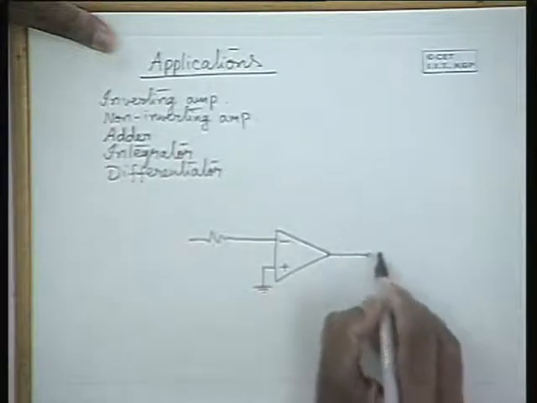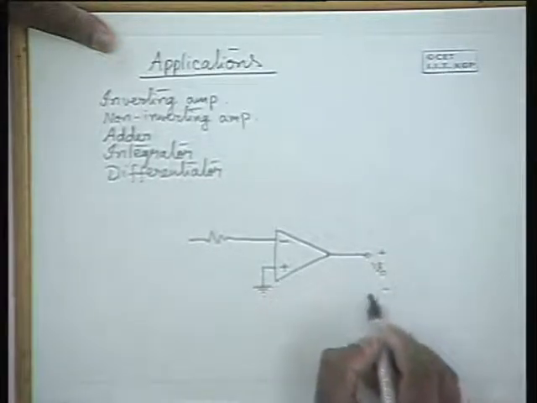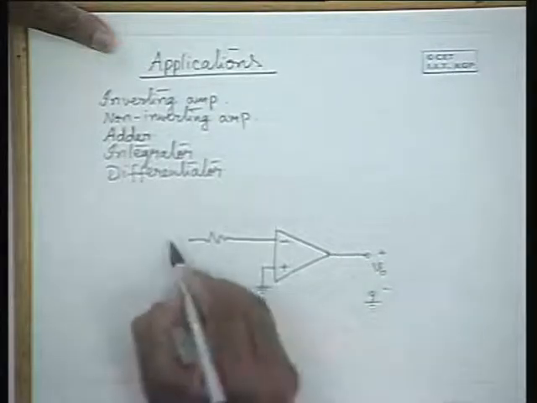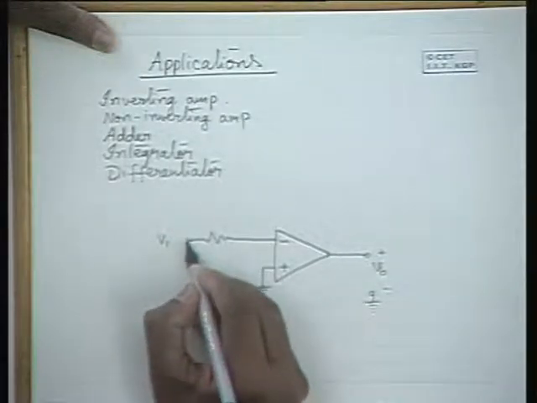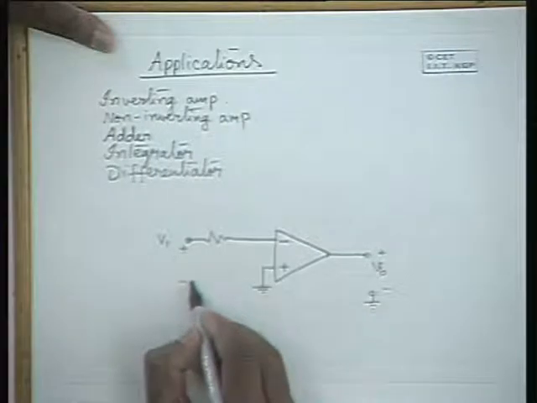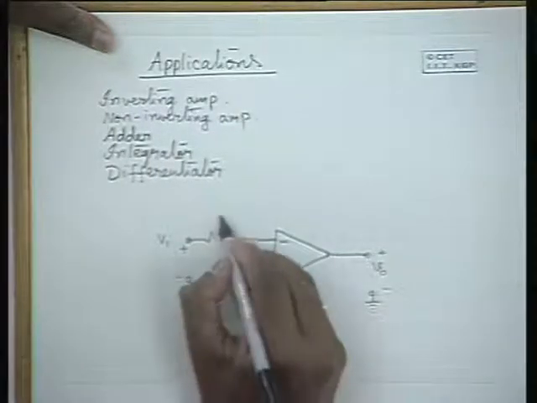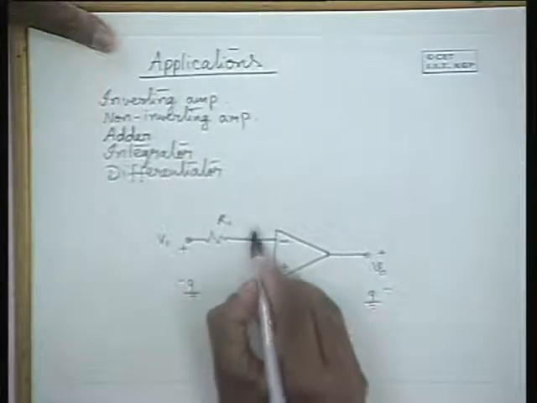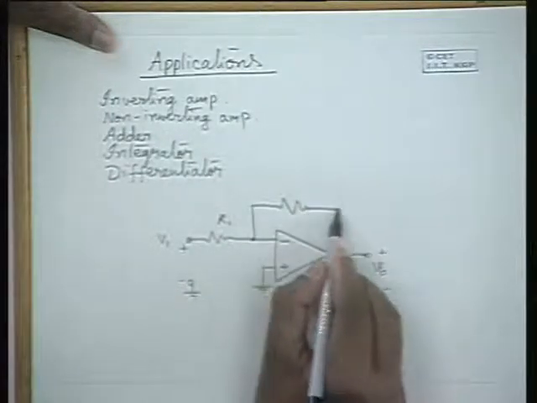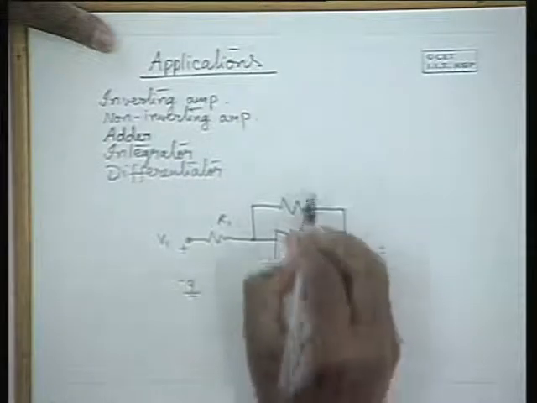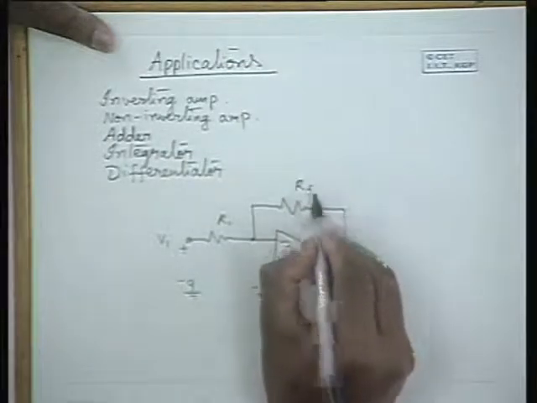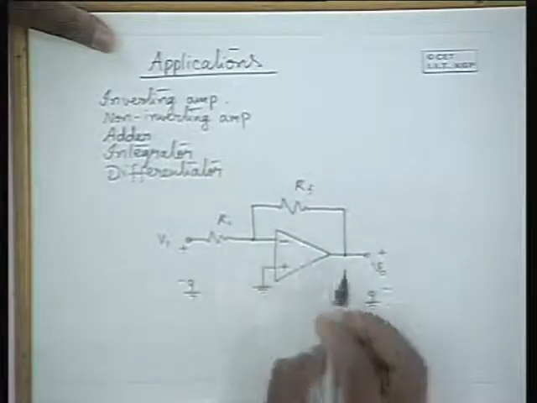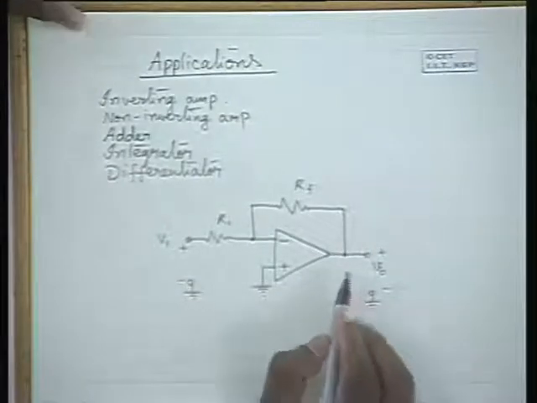So this is the output point. This is the input resistance, and this is a feedback resistance between the output point and the input point. RF is the feedback resistance, and this is the operational amplifier.